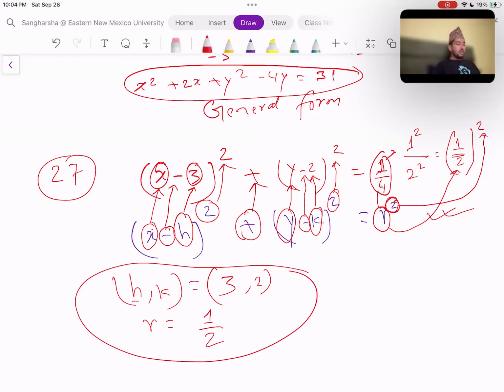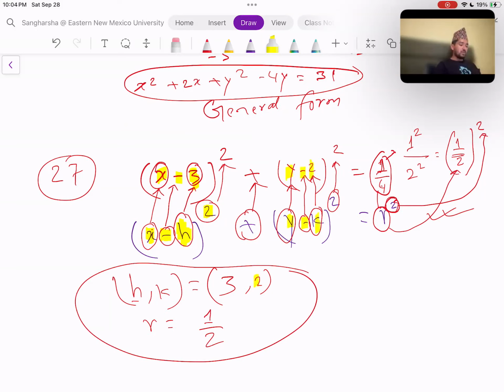So if you have the equation of a circle in standard form, you compare it and look for h and k. Make sure you have everything. For h, we have 3, for negative we have negative, for x we have x. For k, we have positive 2.